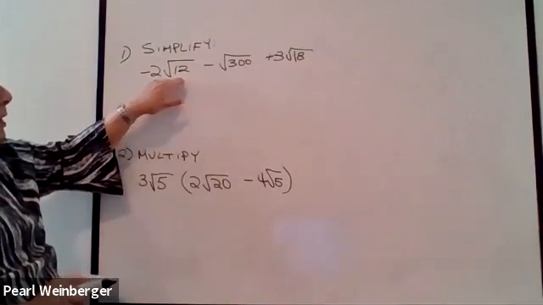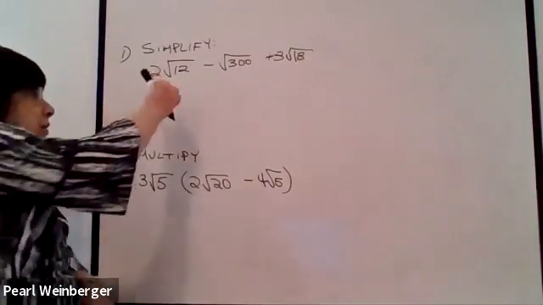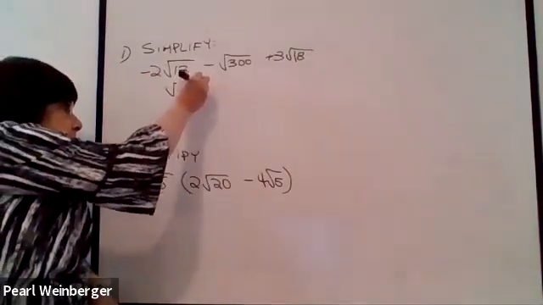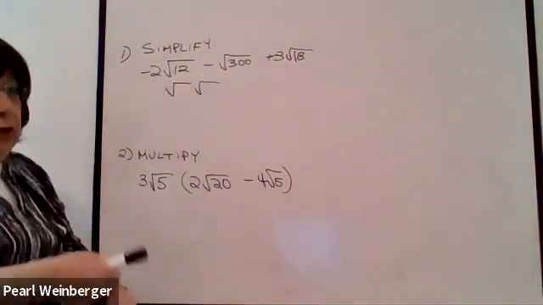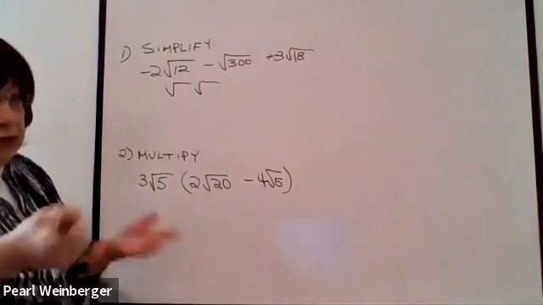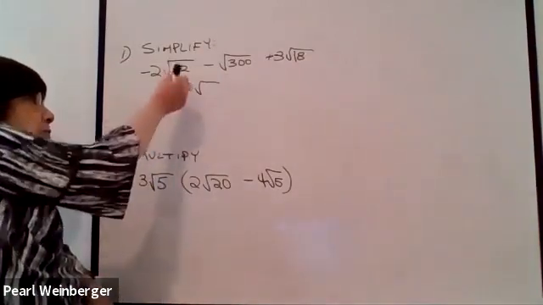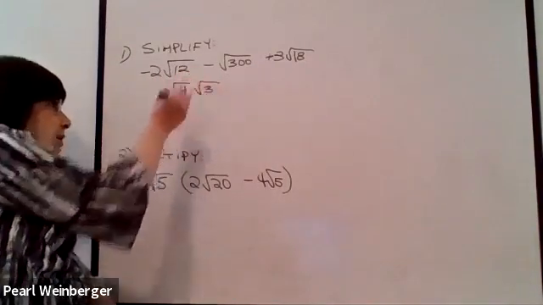I do that by taking each radical and breaking it up. For example, this 12, I'm going to break it up into two numbers. One number is going to be the perfect square, and the other number is whatever is left over. I know that 12 multiplies to 4 and 3.